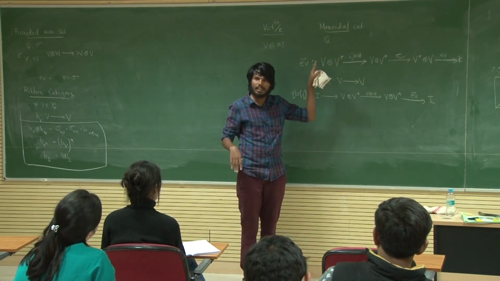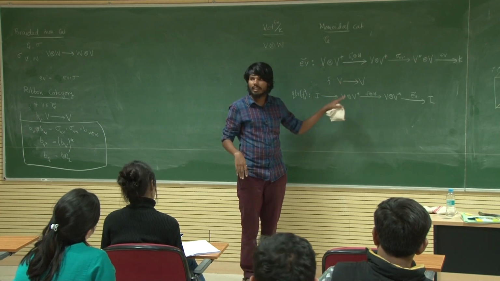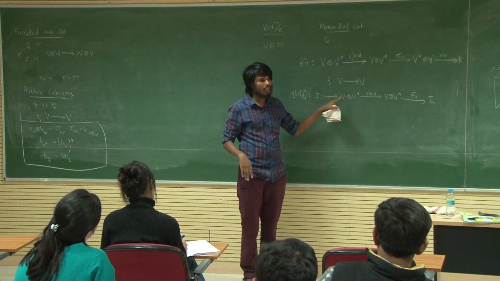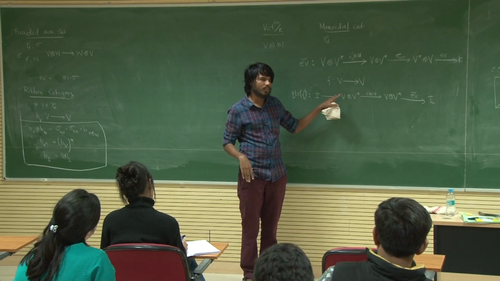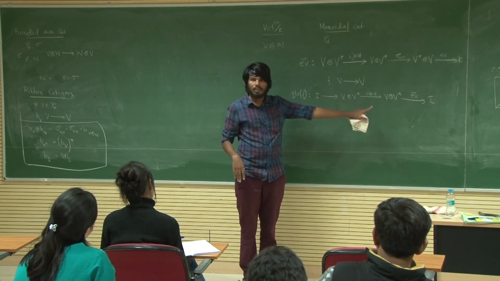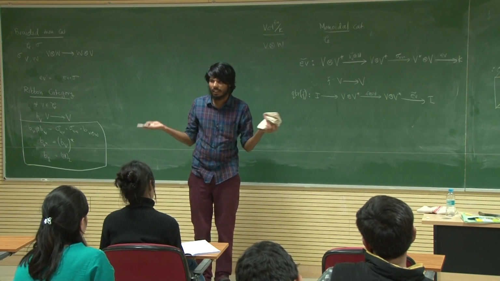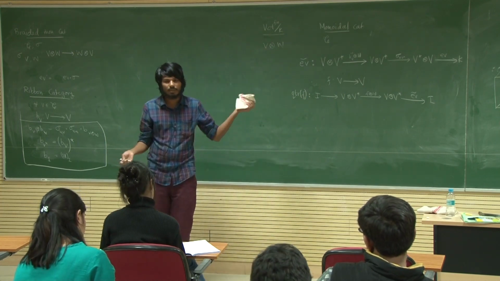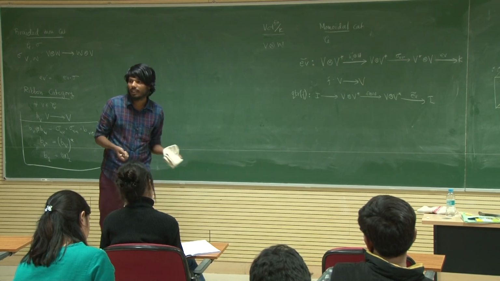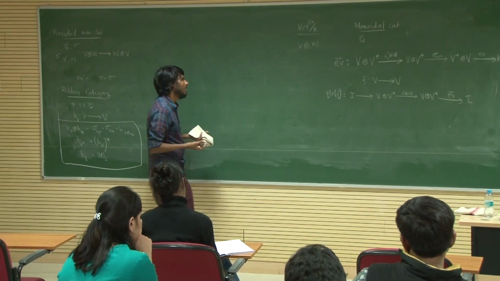So in a general ribbon category, you can define the trace of an endomorphism of any object by this form. It will be a map from your identity object to identity object. It can be anything. In a category of vector spaces, this will be of a nice form, and it will match with your idea of a trace.